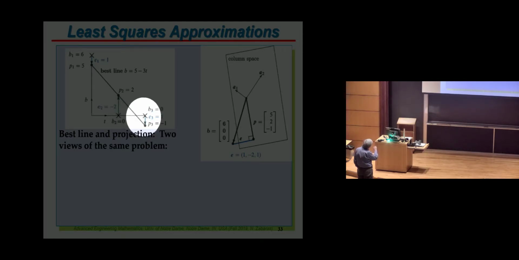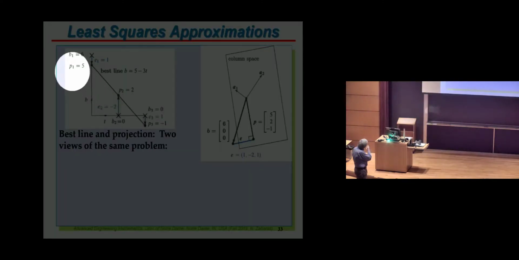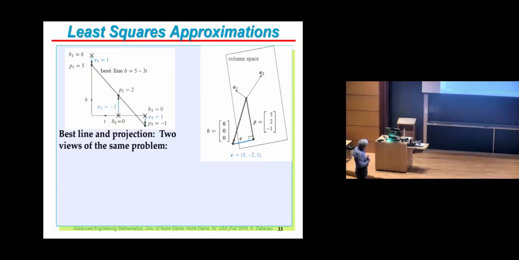At time equal to 2, b3 equal to 0. These are my data points. What errors do we minimize? The symbols are there. If this is a candidate solution line, we minimize the square errors of the distances of the observations from where?